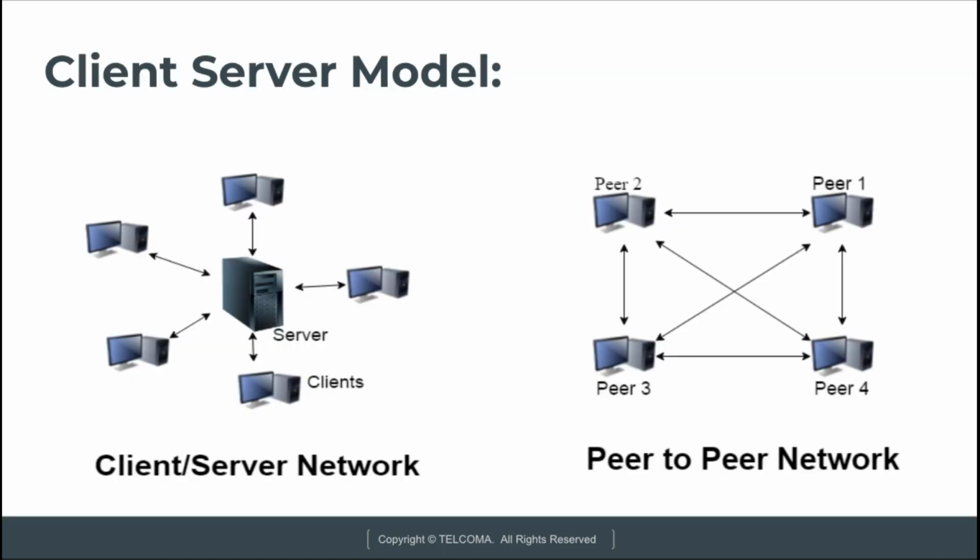So this is the difference in the diagram of client-server network and peer-to-peer network. Here is a centralized, powerful server that is connected to the different clients. Whereas in a peer-to-peer network, all these computers are connected with each other and interconnected also. So there is no centralized server.